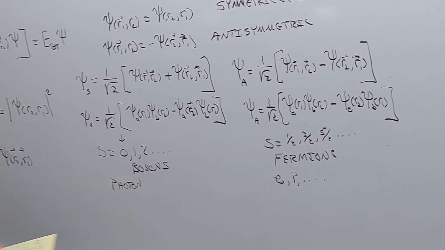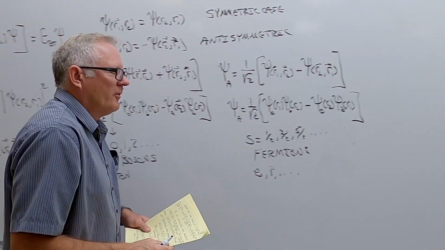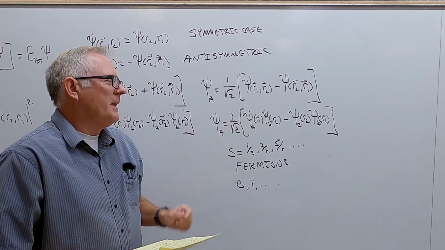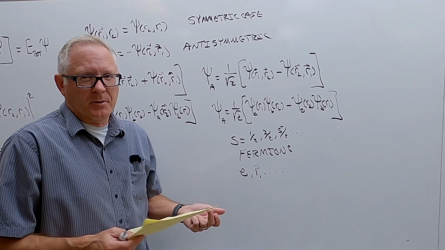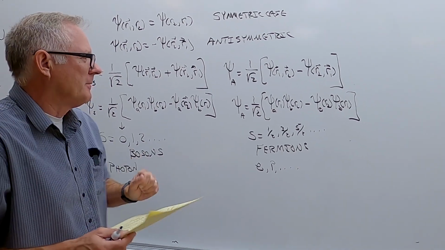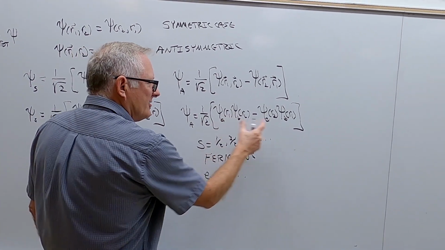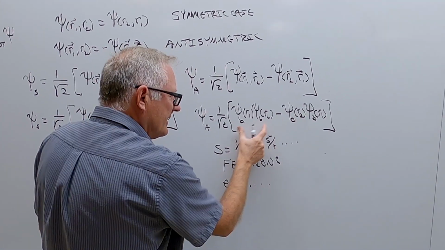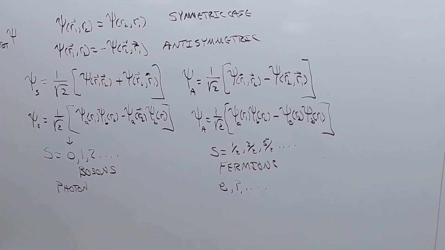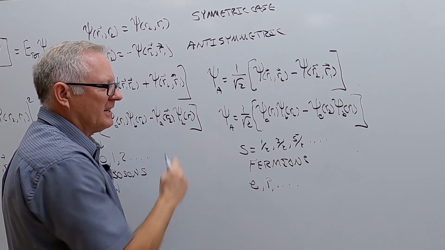Now, one thing you'll notice is if psi A and psi B have the same quantum numbers, that is, they have the same n, l, m sub l, and m sub s, then these two will be equal, and you'll get 0. Well, you can't get 0 for this because, remember, the probability of finding it is psi star psi.